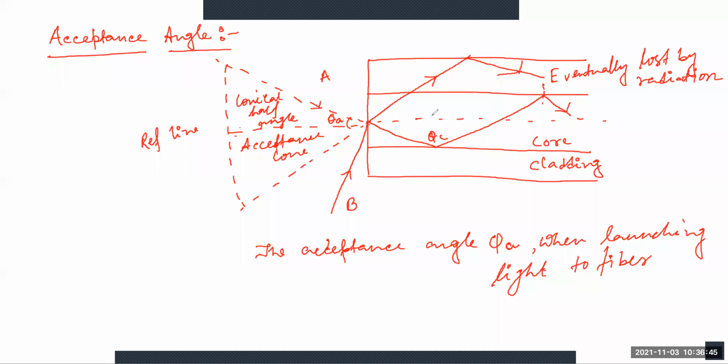Hence phi A is the maximum angle to this axis at which the light may enter the fiber in order to be propagated, and is referred to as the acceptance angle for this fiber. So this is the main concept of acceptance angle.